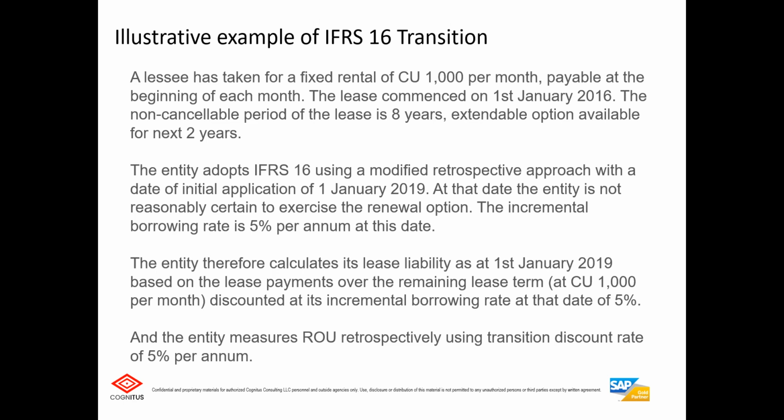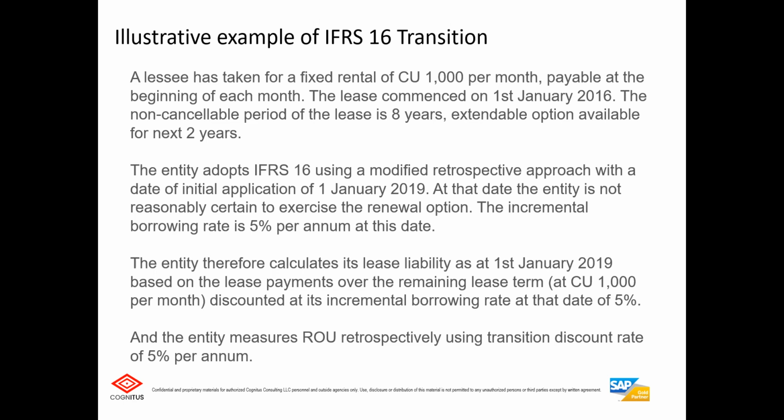The entity adopts IFRS 16 using a modified retrospective approach with a date of initial application of 1st January 2019. At that date, the entity is not reasonably certain to exercise the renewal option. The incremental borrowing rate is 5% per annum at this date.